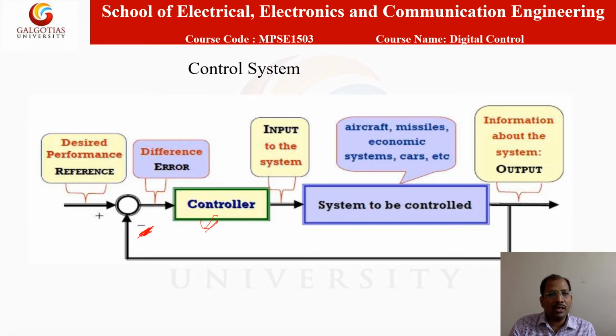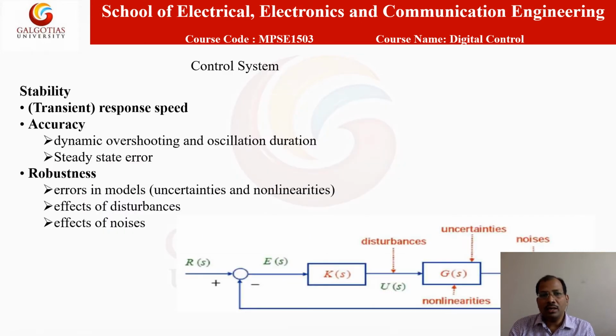If we consider it positive, it is a positive feedback. Generally we prefer negative feedback, because we are given a reference signal and we subtract the output signal from the reference signal to generate the error signal. This error signal is applied to the controller, the controller gives the input signal to the system, and the system gives the desired response. This is the classical representation of the system.